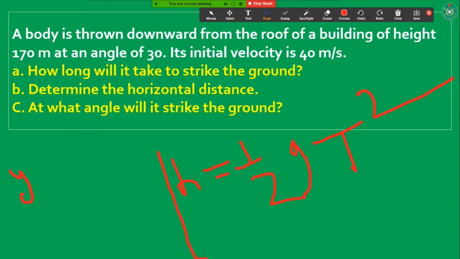Or you can also use the alternate equation, that is y minus y0. Boys, look at this equation, it is very complex for us.